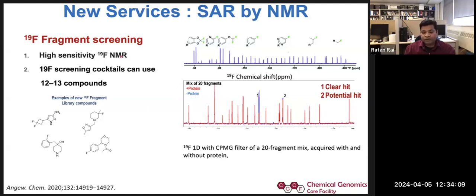But one shows a very drastic change in signal intensity. So this is the clear hit. And the second one shows a little bit, which means that at that particular concentration it is showing some interaction. So in one go, you get a clear hit and one potential hit.